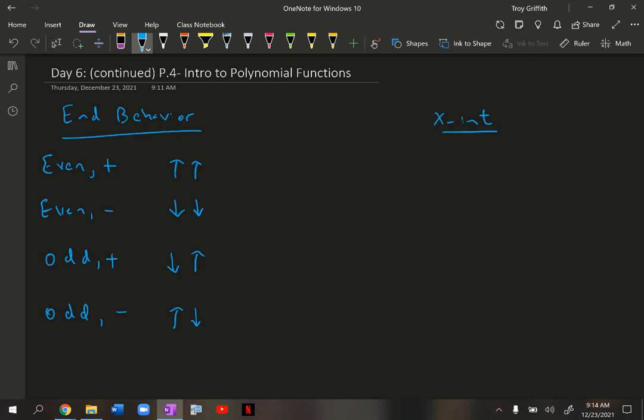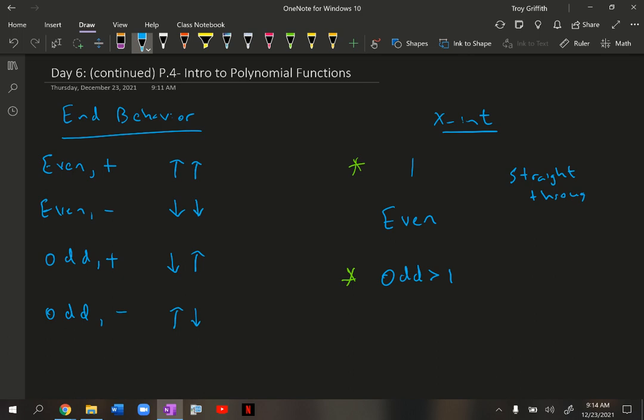And for x-intercepts, there's three things that can happen. Each individual factor that causes an x-intercept can either have a multiplicity of 1, it can be even, or it can be odd and greater than 1. Okay, the two things for 1 and odd and greater than 1 are fairly similar, but they're just a little bit different in terms of how they look. So if the multiplicity that causes an x-intercept is 1, we go straight through.